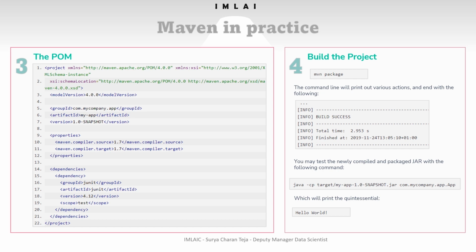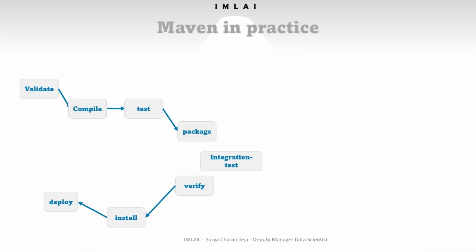For example, if you execute the compile phase, the phases that actually get executed are these. You can take this as one build cycle. The complete build cycle consists of various phases: validate, compile, test, package, integration-test, verify, install, deploy.